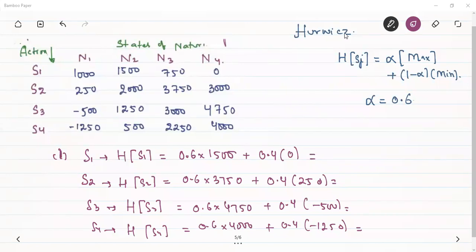So we can see that these values will be 900, 2350, 2650, and 1900.